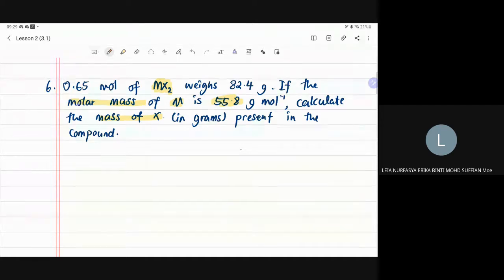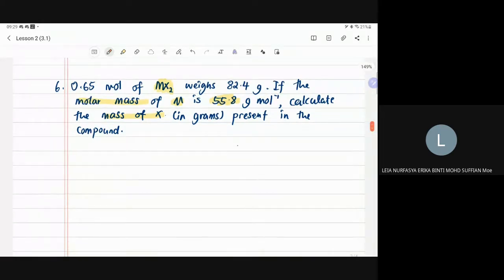Alright, so let's have a look at how we can answer this question. So mula-mula kita boleh cari molar mass dia dulu. Mr of MX2 is equals to mass divided by mole.